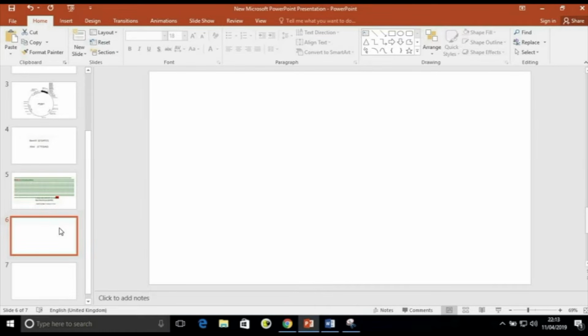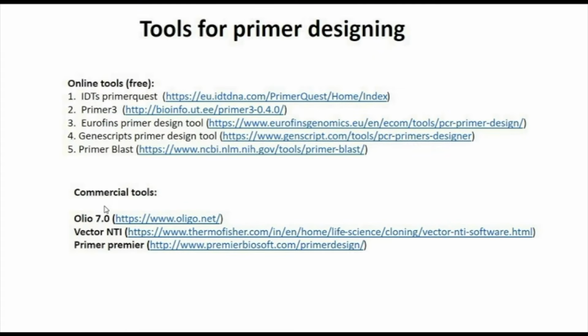We have done all these processes for designing forward and reverse primers, but instead of doing manually, we can do it online. We just have to submit the sequence and it will return the forward and reverse primers.